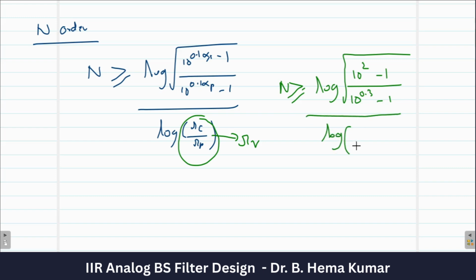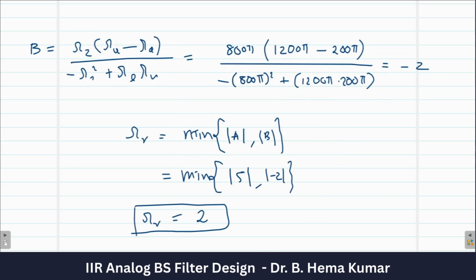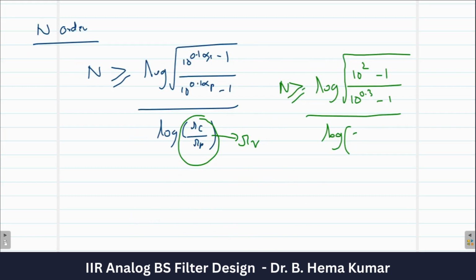Omega r is nothing but what we found in the previous step, 2, so just substitute 2. If you solve this, n will be greater than or equal to 3.32. We round it off to the next highest integer, n equal to 4. So we found the order of the filter as n equal to 4.